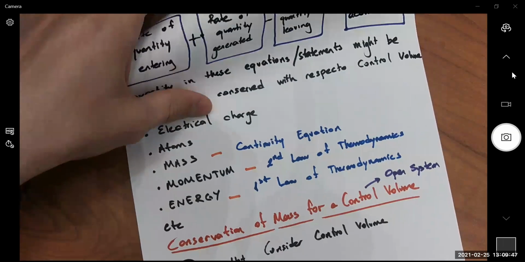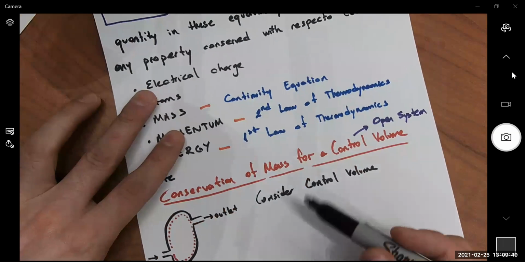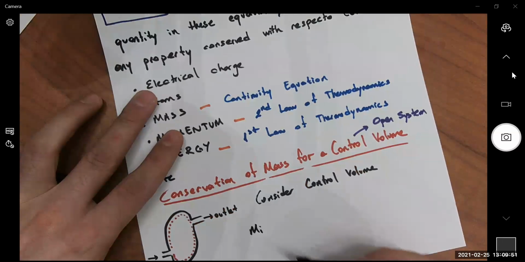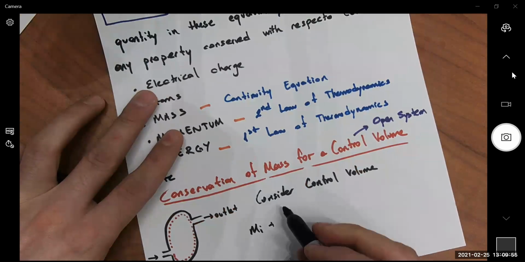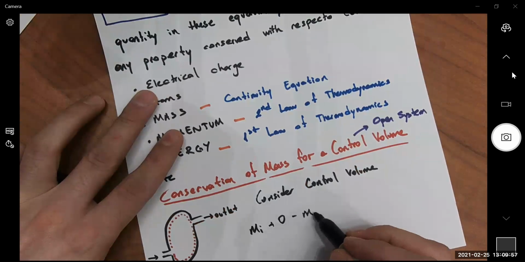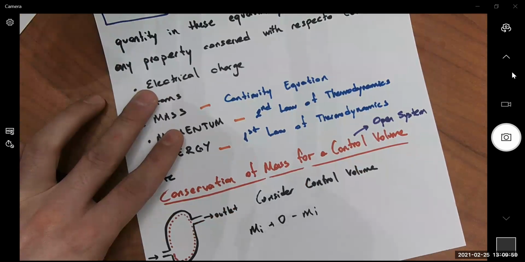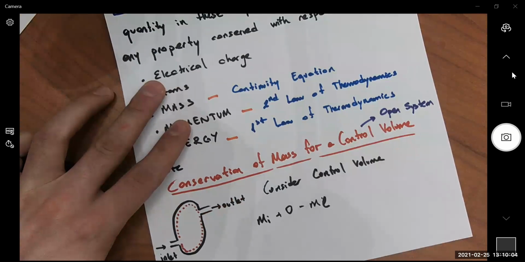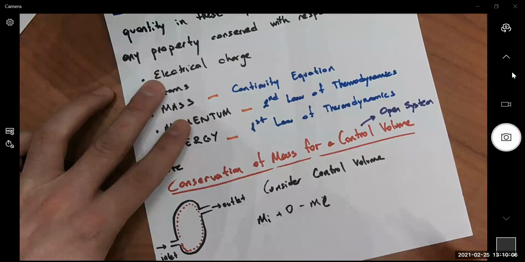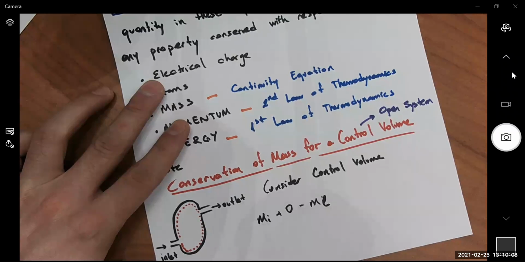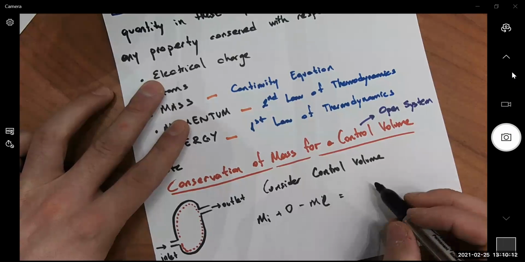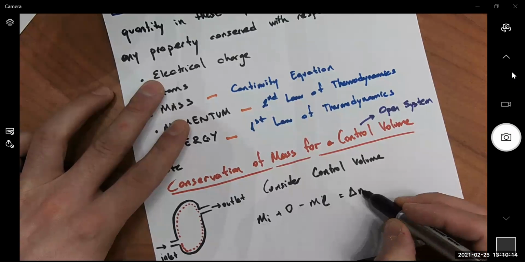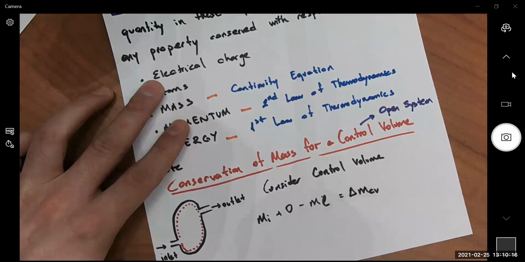So the amount of mass entering the system, let's consider there's no generation in the system, minus the amount of mass exiting or out. You can use either E or O, equals the amount of mass accumulated in the control volume.